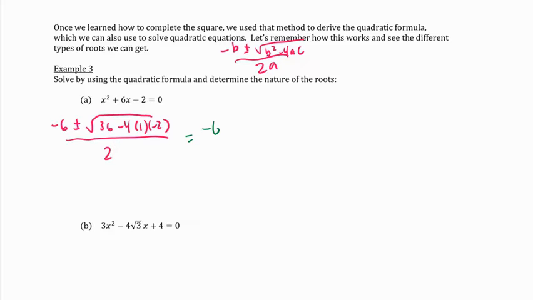That's going to equal negative 6 plus or minus the square root of 44 over 2, which is equal to negative 6 plus or minus 2 root 11 over 2. I could divide out a factor of 2.